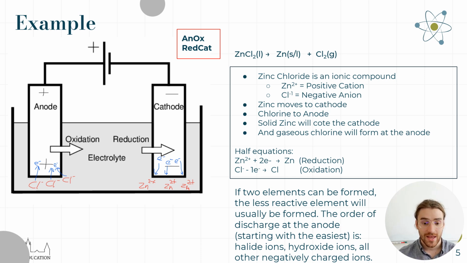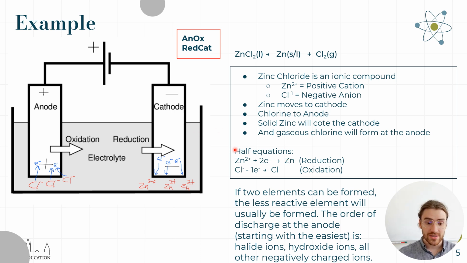When we talk about these electrolysis reactions, they're also going to ask you for the half equations. Now what are the half equations? They're the reduction and the oxidation equations. So for the electrolyte, zinc is going to be positive, and it's going to become solid zinc.